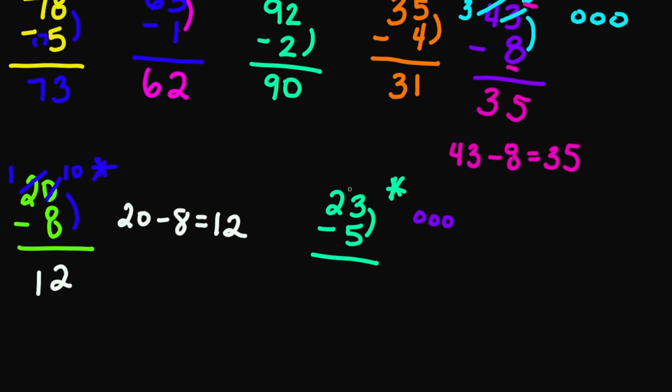So now I'm going to borrow from the 2. This is going to become a 1, and this is going to become a 13. All right? So now you have 13 minus 5, and that's going to become 8. And then 1 minus 0, that's going to become 1. So 23 minus 5 equals 18.